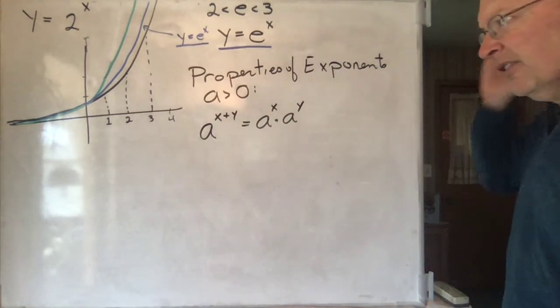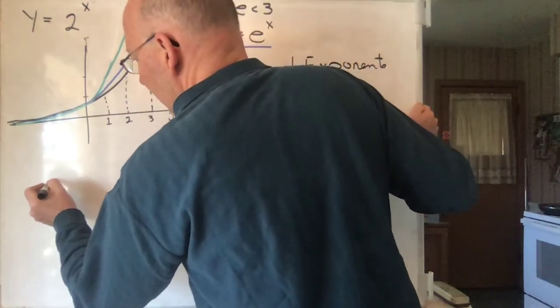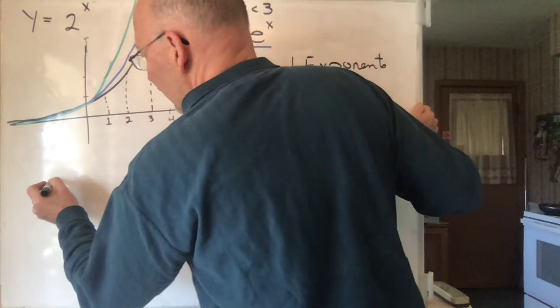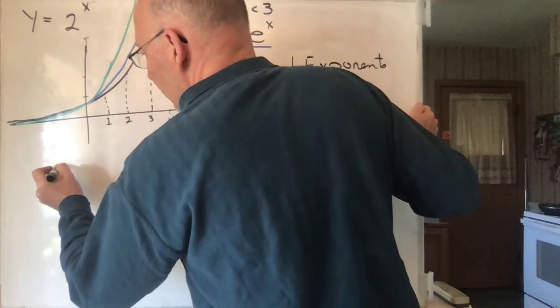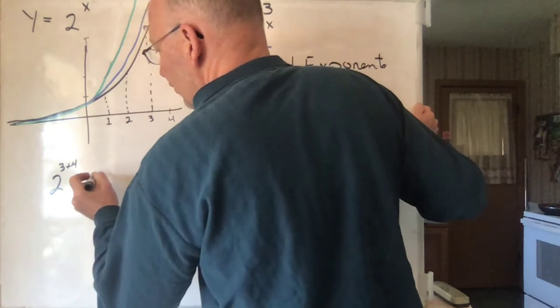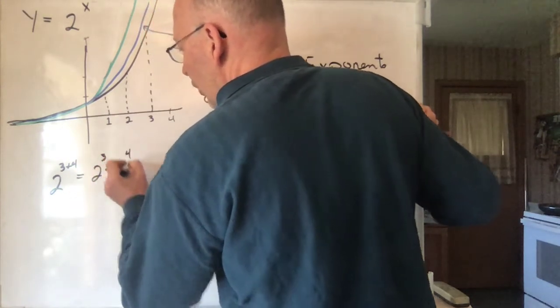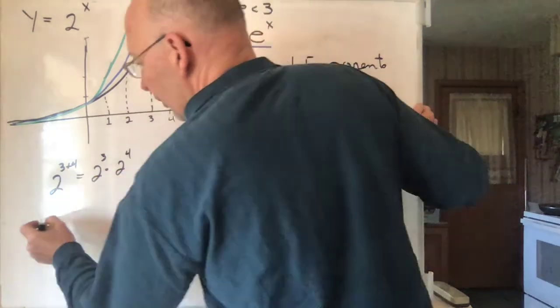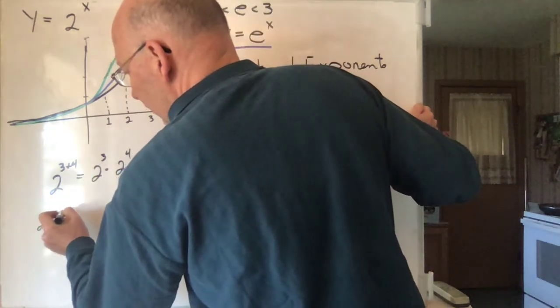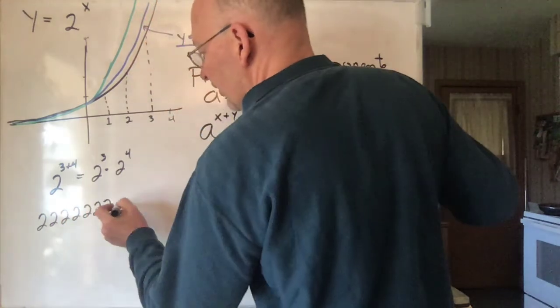Okay? That's familiar to you if you just think about things you've maybe seen before. If you take 2 to the 3 plus 4, that's equal to 2 to the 3rd times 2 to the 4th. Why is that? Well, 2 to the 3 plus 4 is 2 to the 7th power. That's what that stands for.